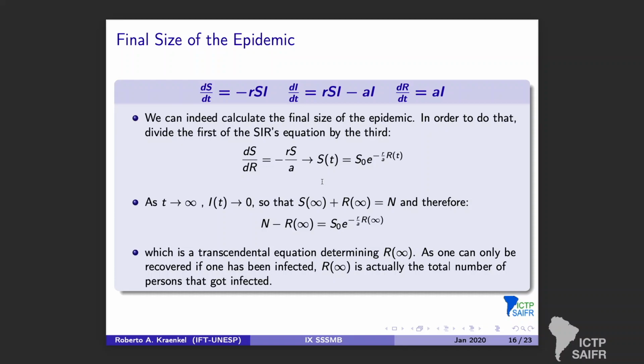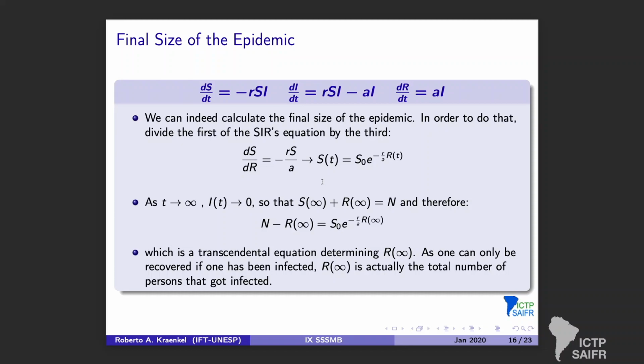I will divide equation 1 by equation 2. Okay? If I do this, I would have dS/dt divided by dR/dt. This would be equal to minus r times s times i divided by a times i, which you can cancel.